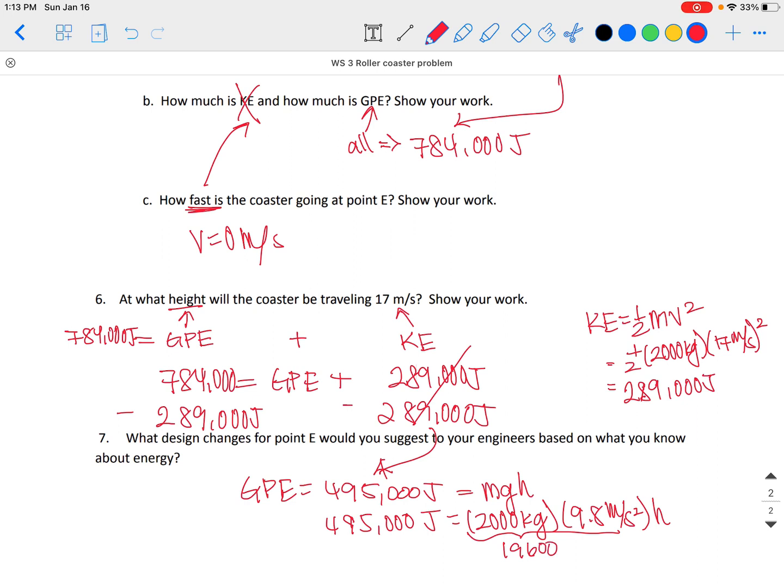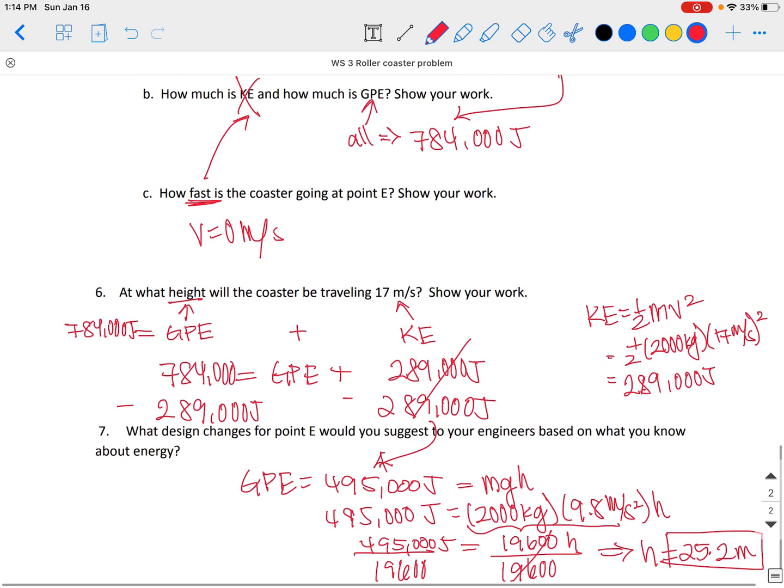I'm going to set that equal to the left side, multiplied by height, and divide by 19,600 on both sides, and I end up with a height of 25.2 meters. And that concludes the problem solving for this very long roller coaster problem.